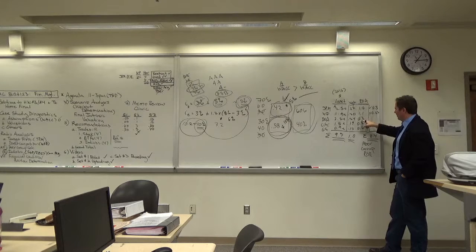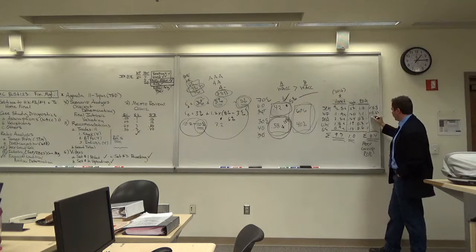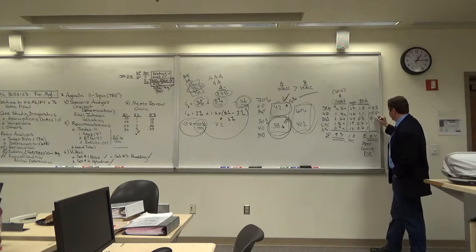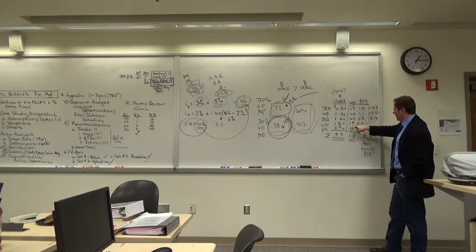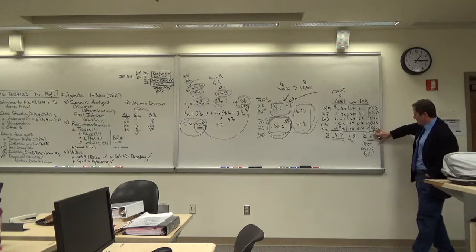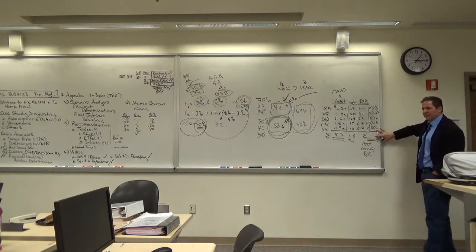Okay, and then 0.7 times 0.24. 0.16. And then 0.19 times 0.7. Then 0.1 times, so this is what, 0.6? All right.